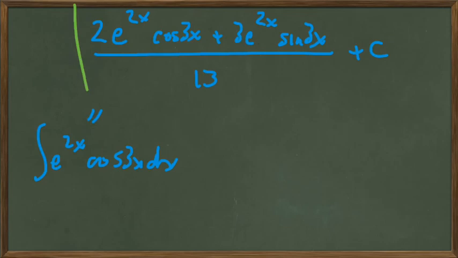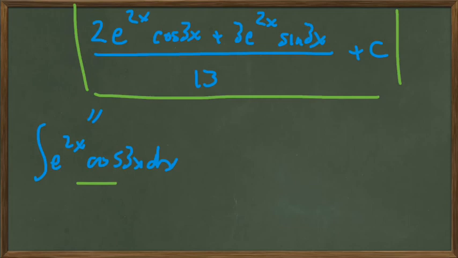So we did parts twice. We wound up with the same integral on both sides, but it had a different coefficient, so we could bring it back over and do a little bit of algebra and solve for it.